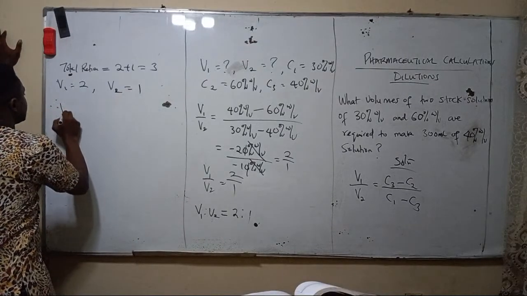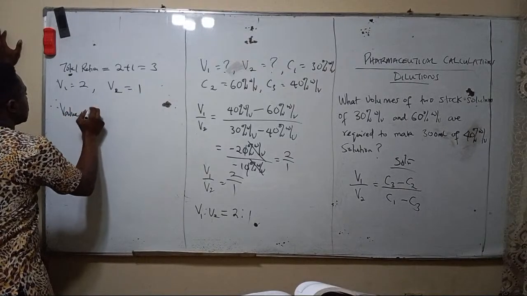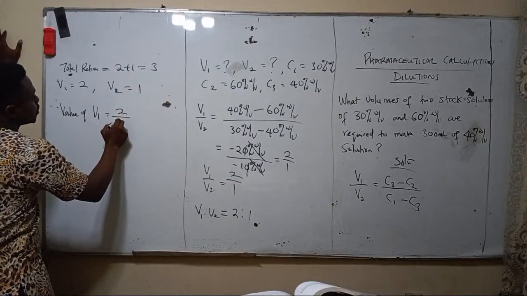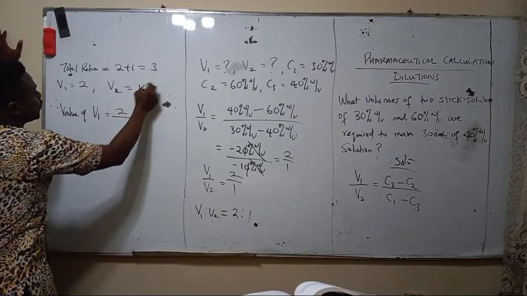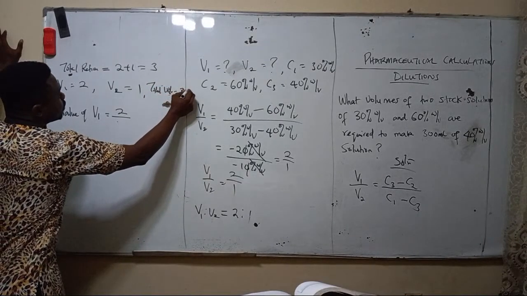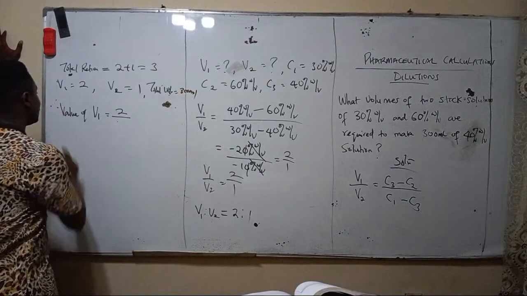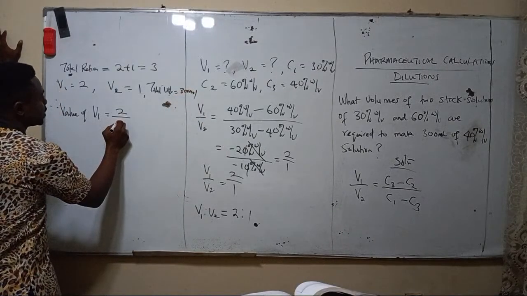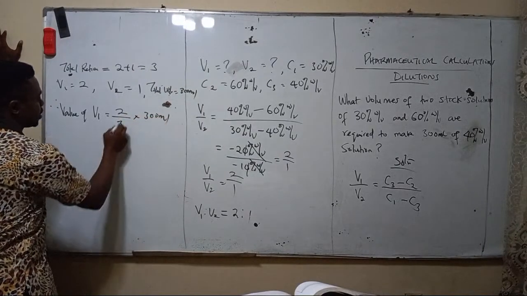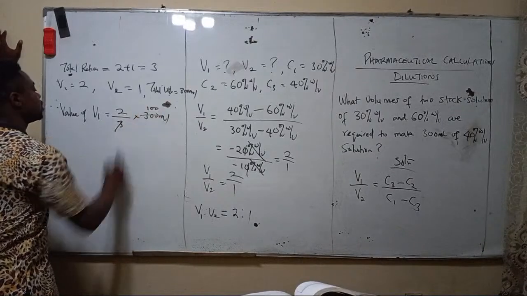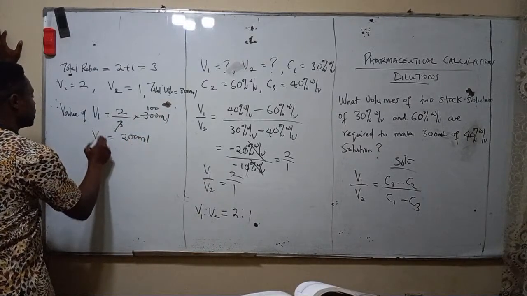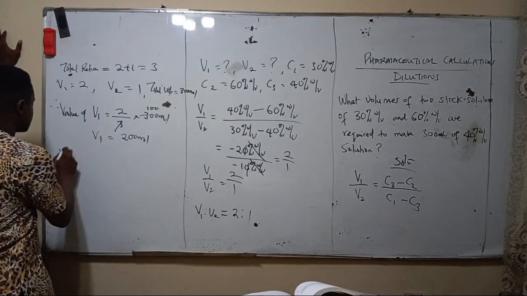Therefore, the value of V1 is equal to 2 over 3, times the total volume, 300 ml. 3 will cancel 300, we have 100. 2 times 100, we have 200 ml. V1 is 200 ml.